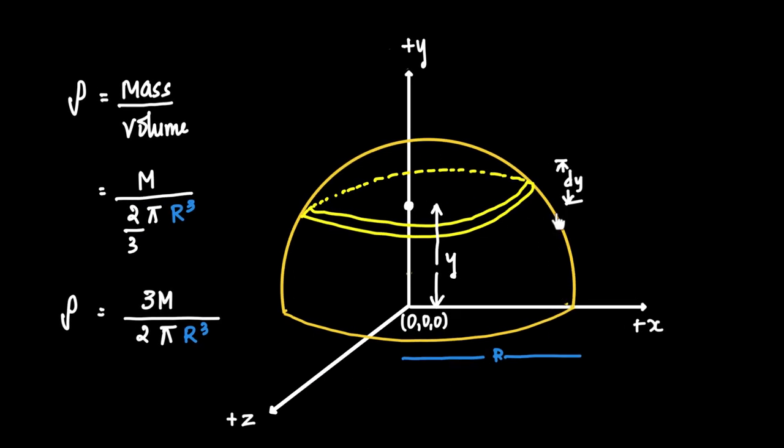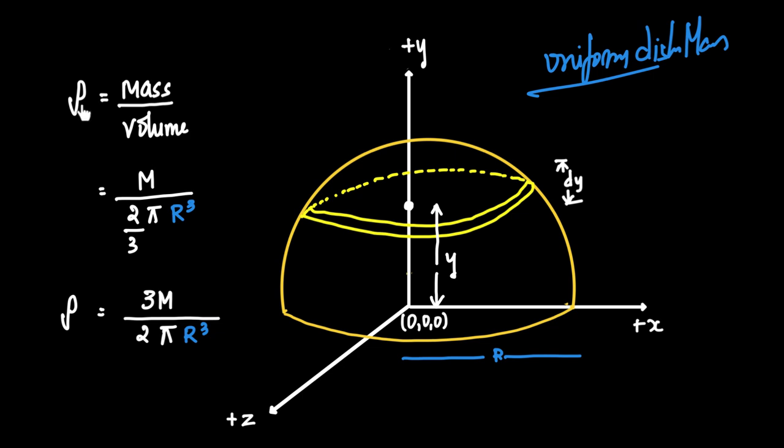Okay, so in this three-dimensional hemisphere, we consider one small disk at a height y with a thickness dy, and of course radius r. Now the density of this sphere, and most importantly, what do we assume here? We assume that the sphere is uniformly distributed in terms of mass.